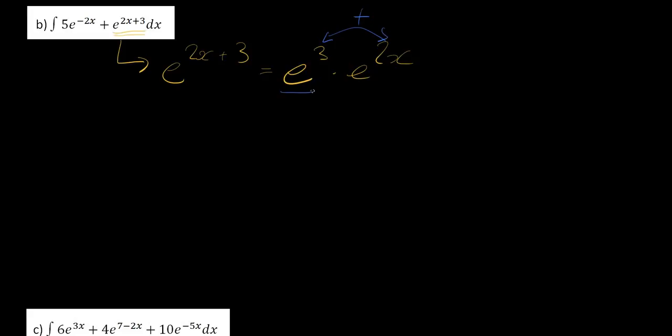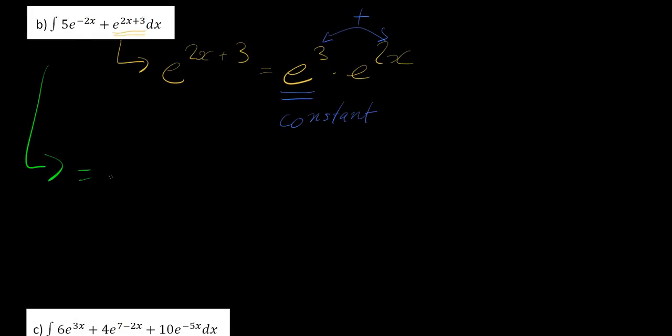And you can treat this one over here as a constant. If you have a constant in front, of course, you can just leave this out to the very end and just anti-differentiate e to the 2x instead. So that's what we're going to be doing.